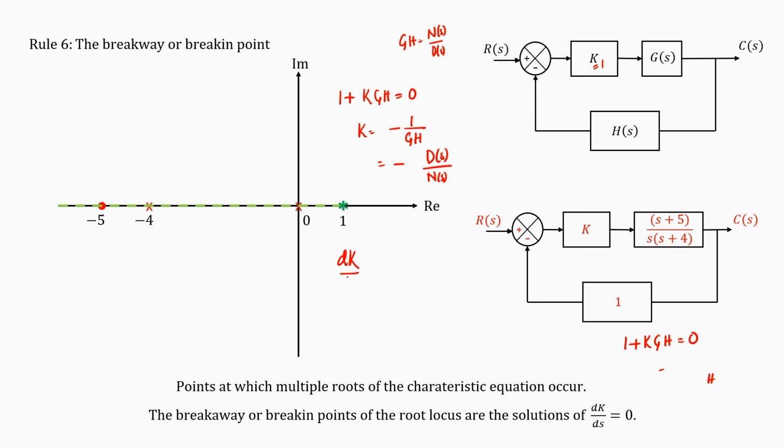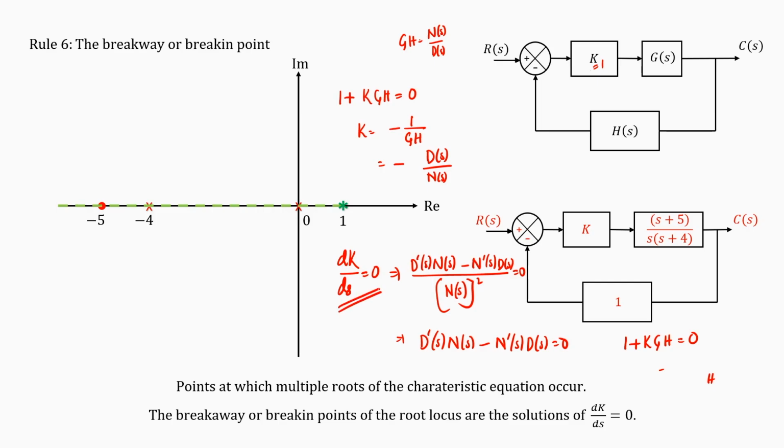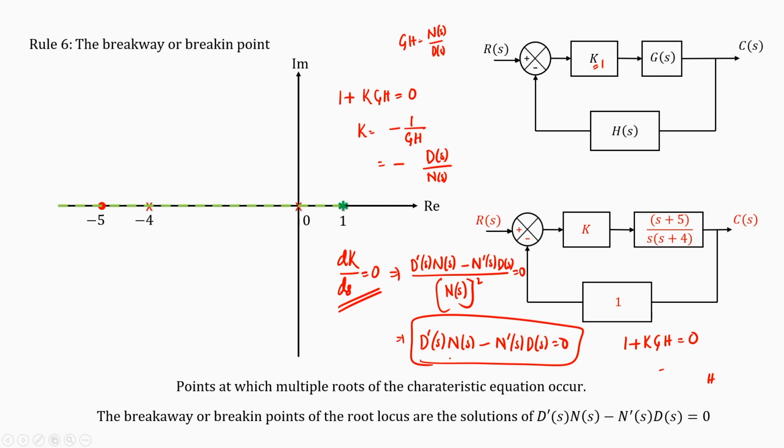Now, if you do dK/ds equal to 0, this implies N(s) squared times (D'(s) N(s) minus N'(s) D(s)) equal to 0. But this is equivalent to saying that D'(s) N(s) minus N'(s) D(s) equal to 0. So, solving dK/ds equal to 0 is equivalent to solving this equation, and that is what we are going to do. Finding the breakaway and break-in points is equivalent to solving this equation.